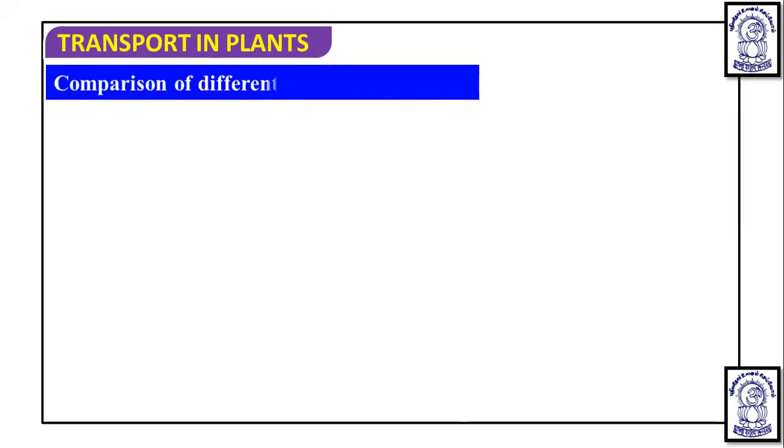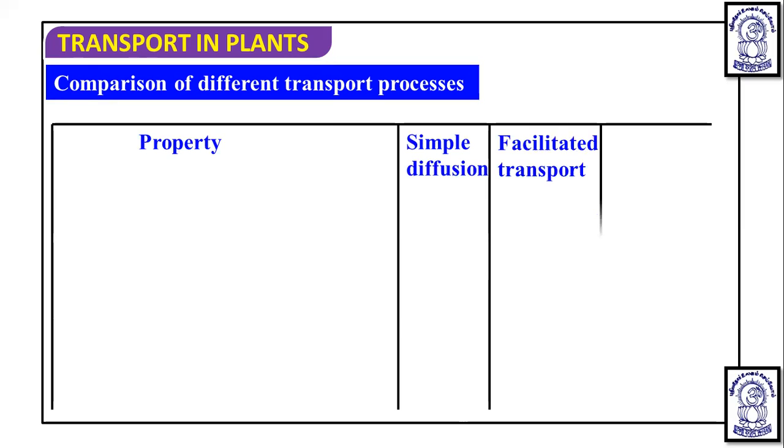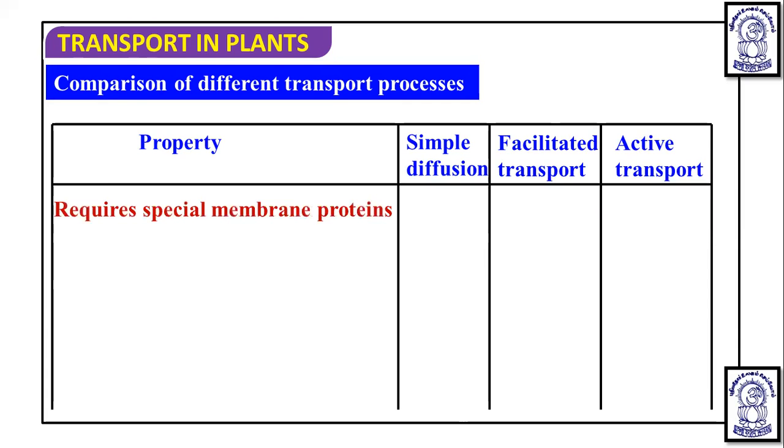So this is all about active transport, and now we have to understand the comparison of these different transport processes. We compare simple diffusion, facilitated diffusion, and active transport by property. First, requirement of a special membrane protein: in simple diffusion it is not required, in facilitated diffusion they are required and are known as channels, and in active transport they are required and are known as pumps.